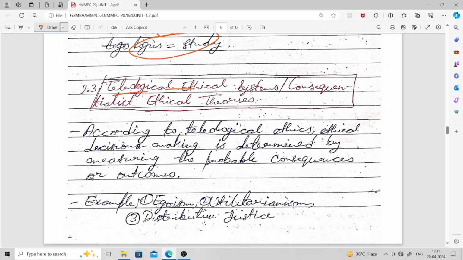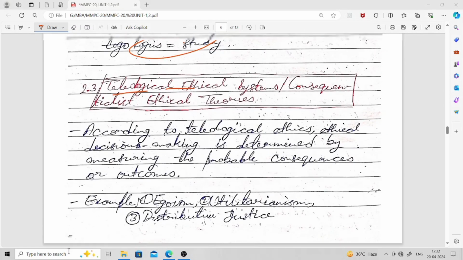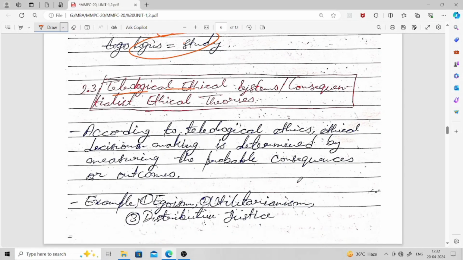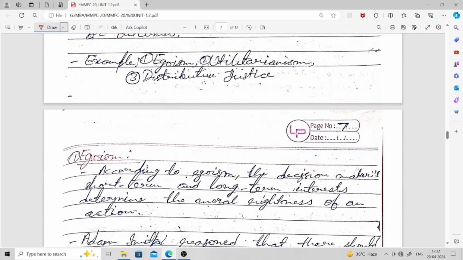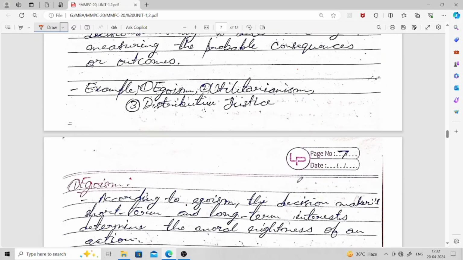Under this teleological ethical system or consequentialist ethical theories, we have egoism, utilitarianism, and distributive justice. These three subtopics we will study under the teleological ethical system. So these are the parts of the teleological ethical system.